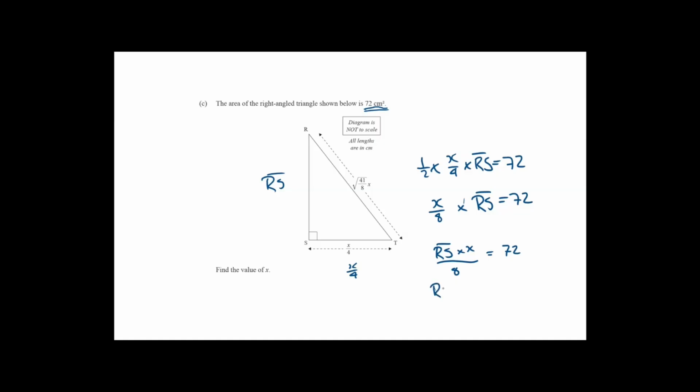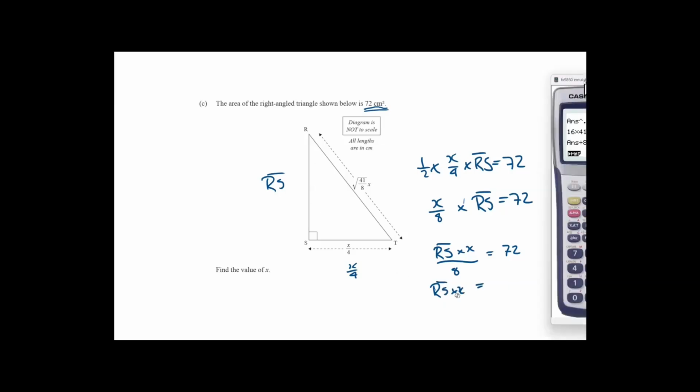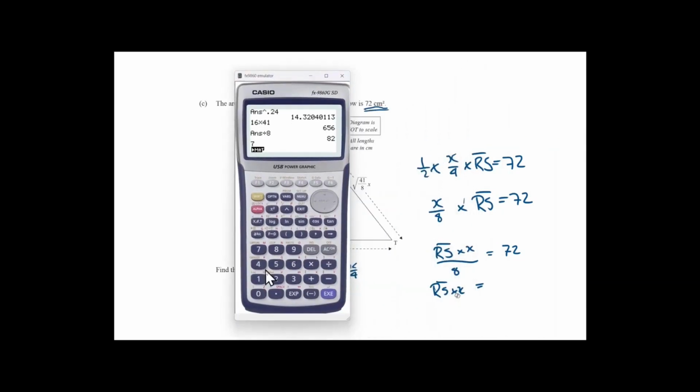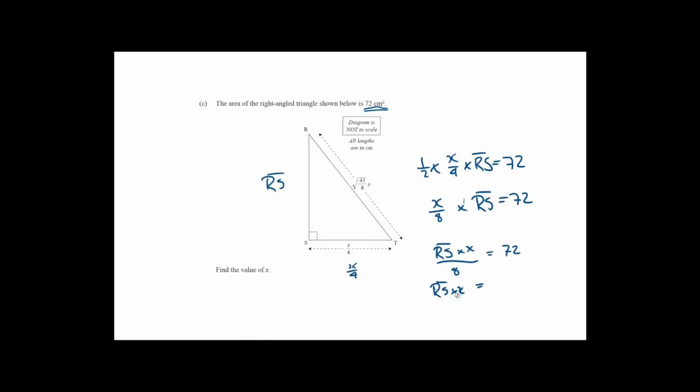So RS times x is going to be 72 times 8. Grab a calculator. 72 times 8 is 576. So therefore RS is going to equal 576 over x.